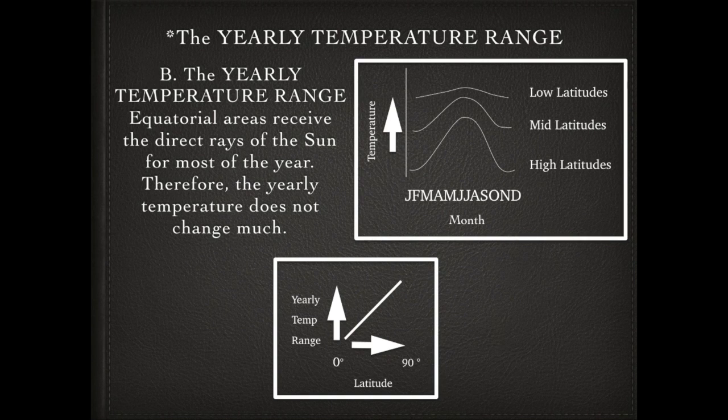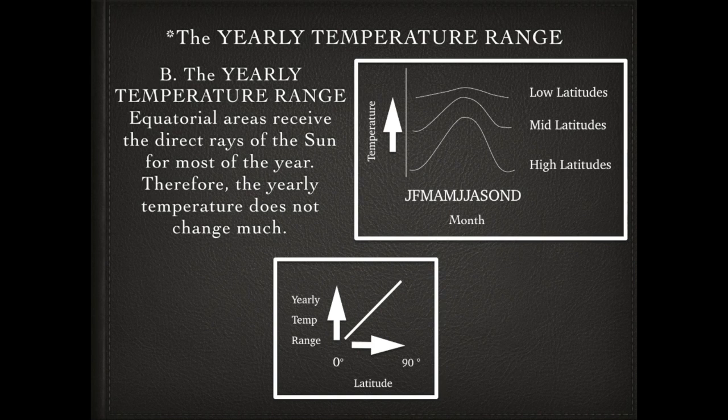Okay. Basically, if we look at the right hand graph, it's showing the months starting with January, then February, March, April, and it ends with October, November, December. So as latitude increases, you're going to see a larger range.